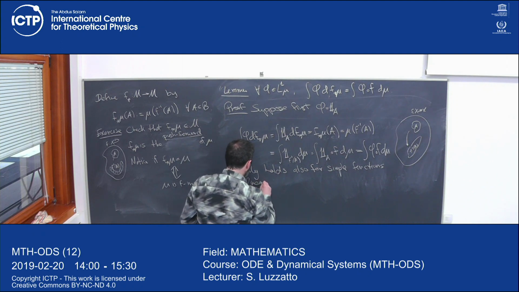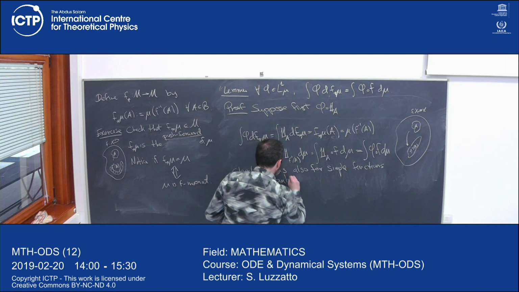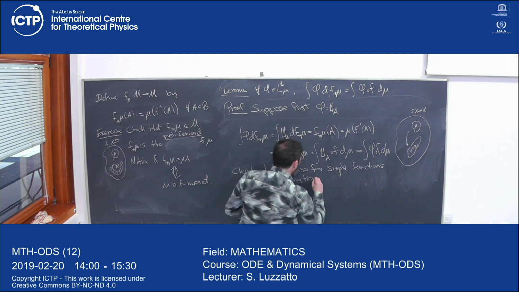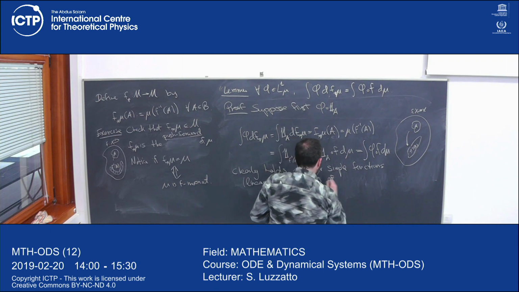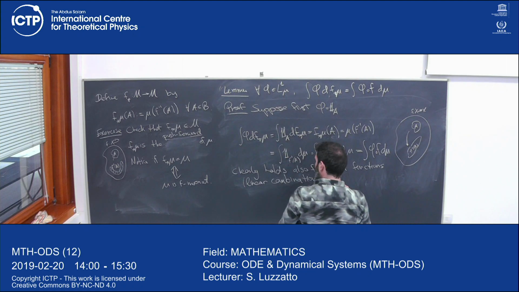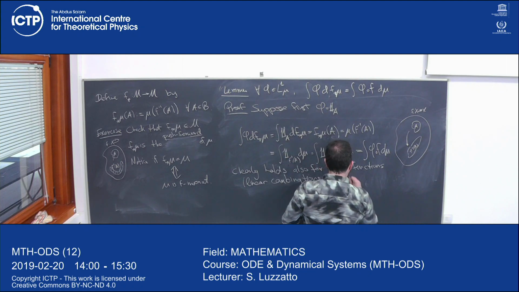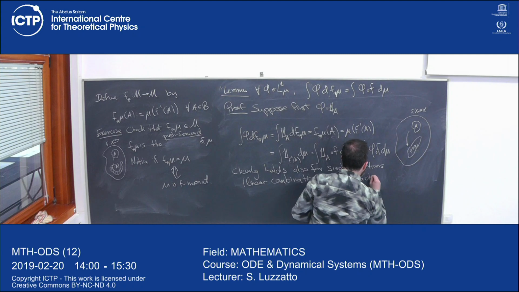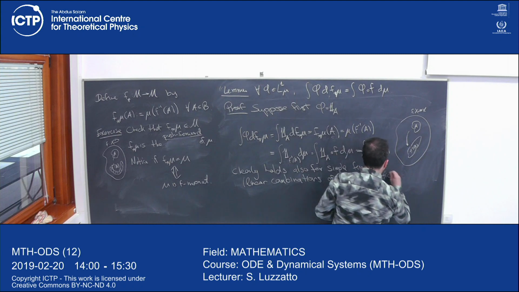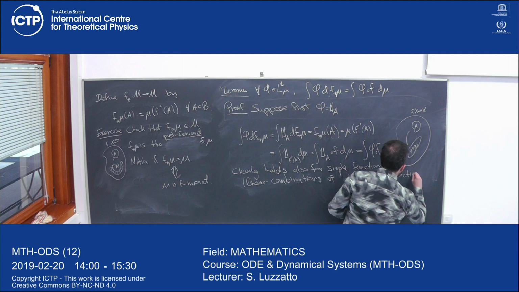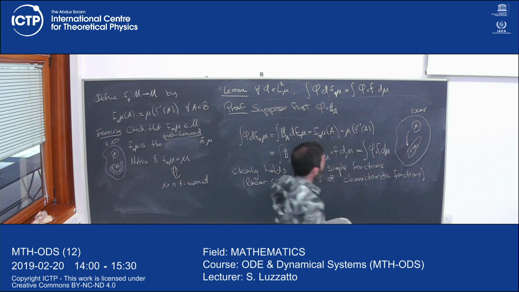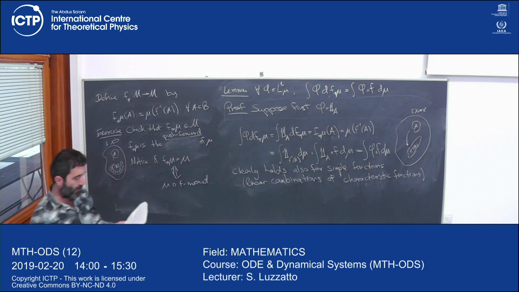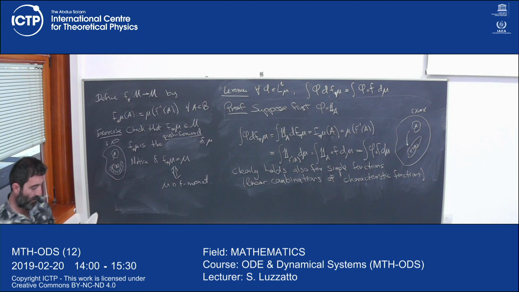So linear combinations of characteristic functions, just by exactly the same argument, right? You just take a linear combination.